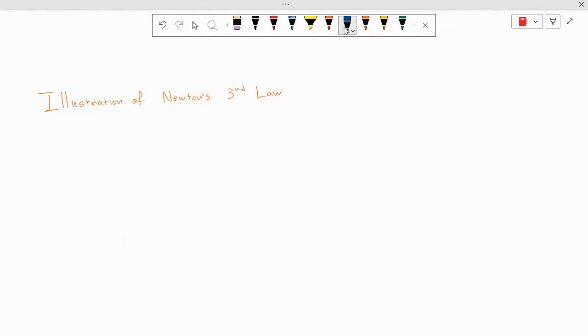When we have, again, when two objects are in contact with each other, they exert forces on each other that are equal in magnitude, but opposite in direction.